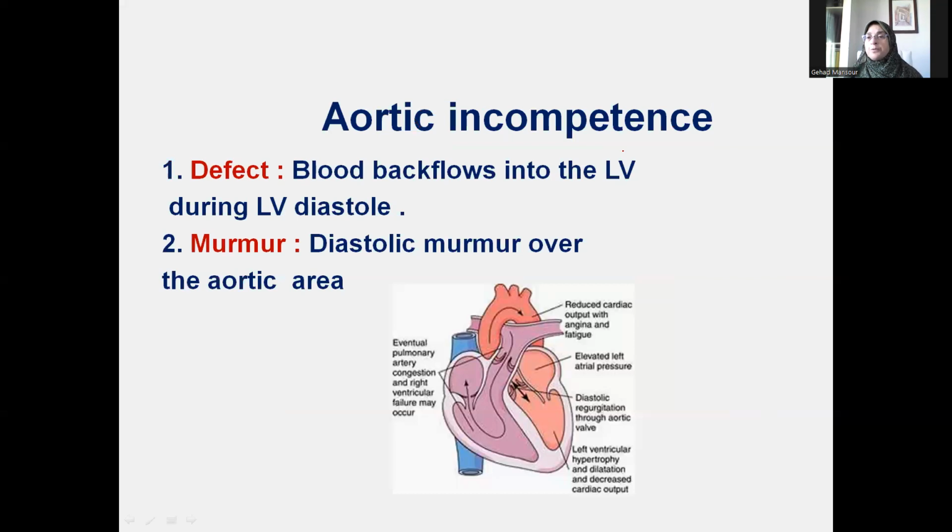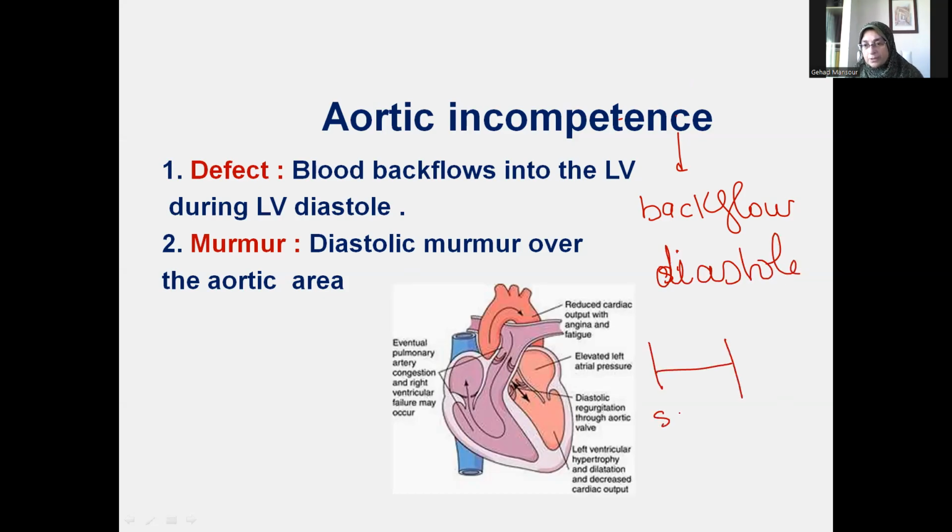In aortic incompetence, of course, incompetence results in backflow of blood, but this time the backflow of blood occurs during ventricular diastole, and it is very characteristic because this murmur is an early diastolic murmur, meaning that it is decrescendo.